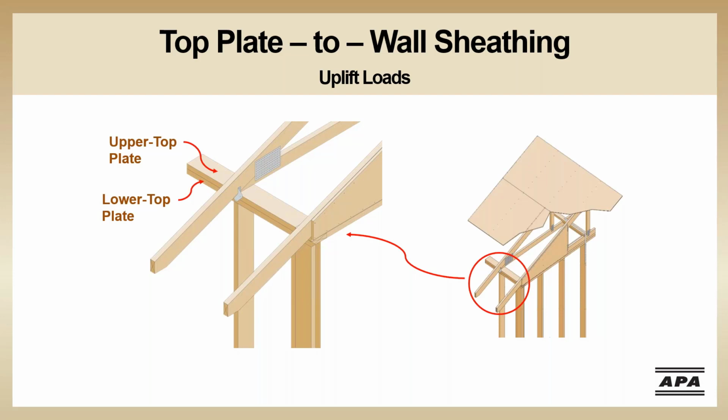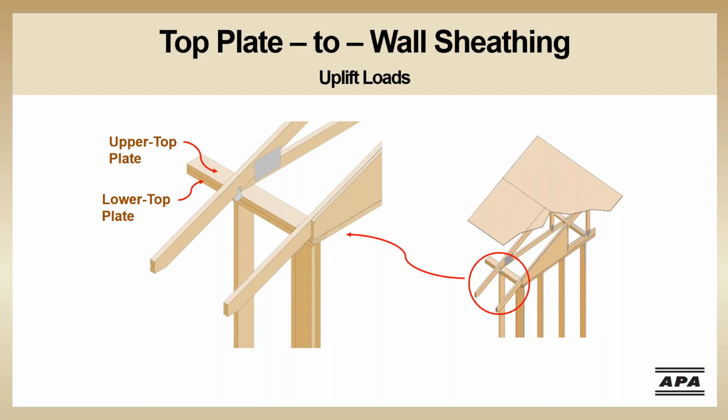We just talked about how the roof rafters are transmitting the uplift load into the wall through a connection to the upper top plate. From the upper top plate, the uplift load will next move into the wall assembly in order to make its way down to the foundation. This is another connection in the load path where we frequently see failures during high wind events.